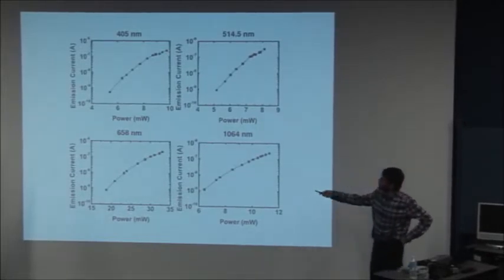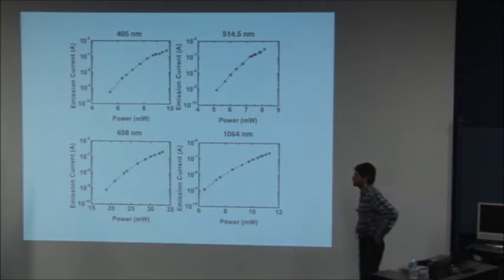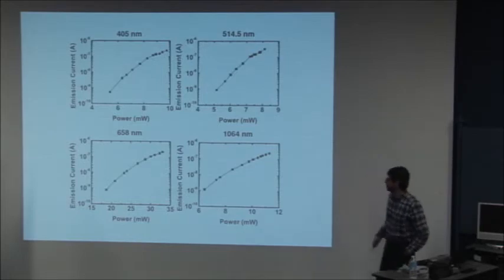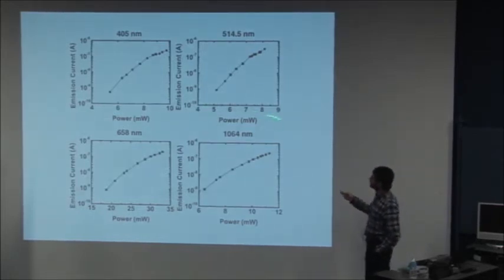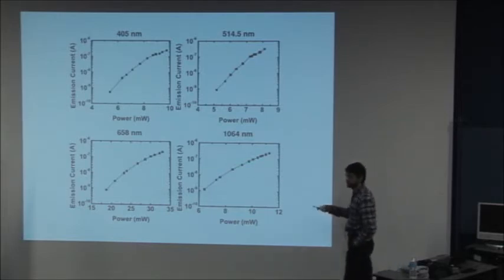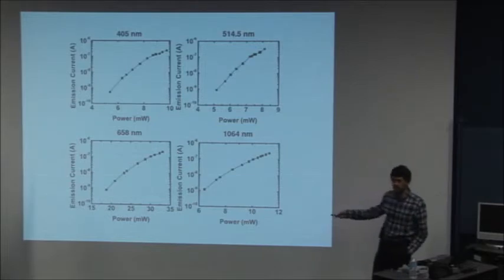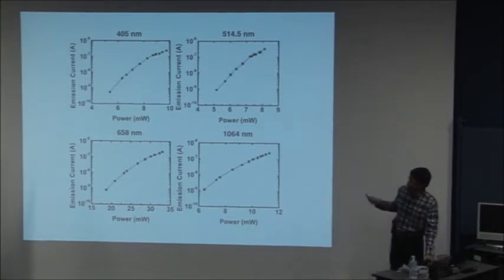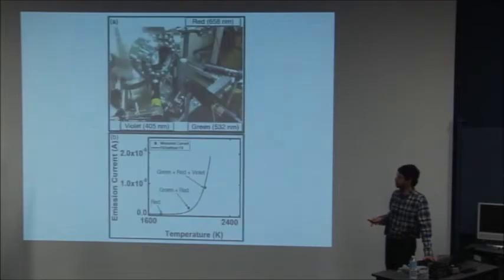So here we're looking at how it behaves with different wavelengths in quite a broad range of colors, and it works with UV also, actually. And with relatively similar ranges of power, you will get very similar ranges of electron emission current. The difference in power is because not all the lasers have the same spot size and we can't control it exactly. But this is not, to the first degree at least, dependent on the wavelength.